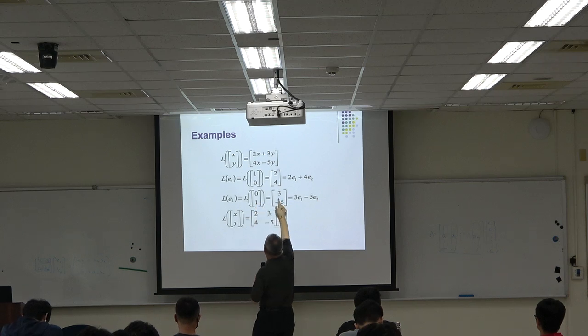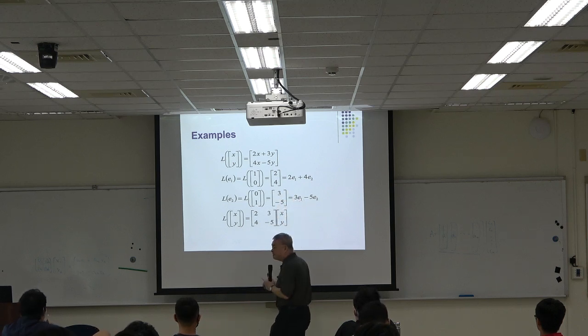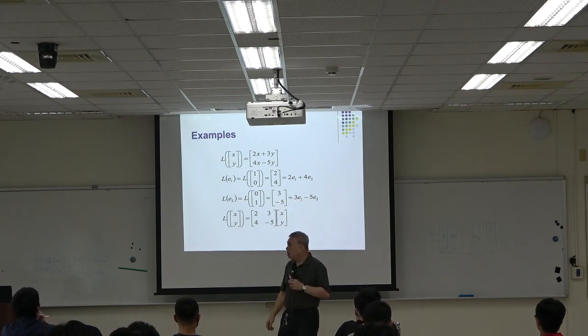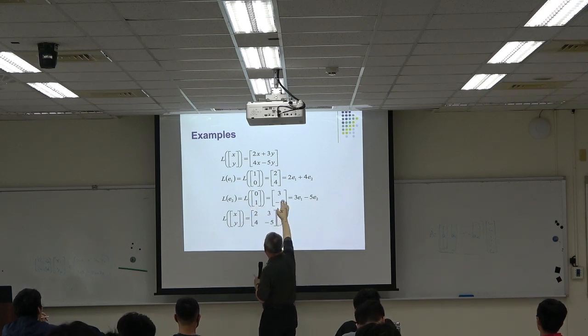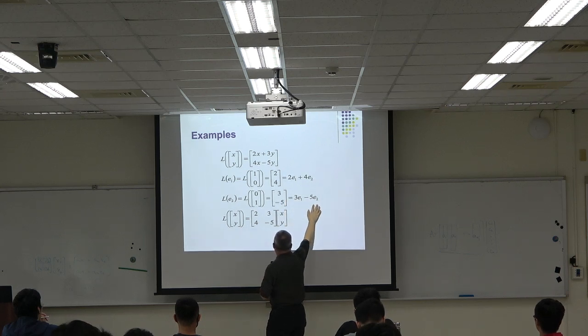After transformation, it becomes (2,4), so L(E1) is 2E1 plus 4E2. And L(E2), with E2 being (0,1), becomes (3,-5), so it is 3E1 minus 5E2.